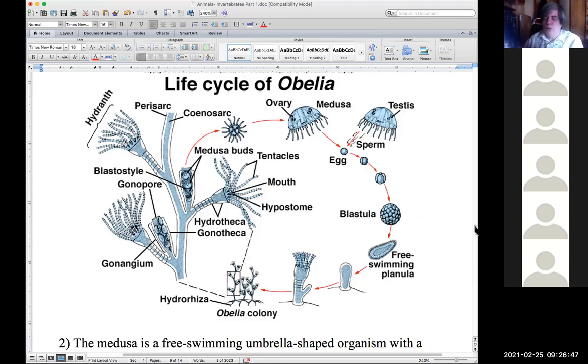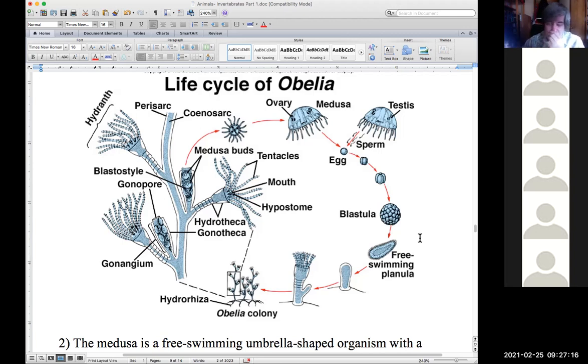So when we look at the various groups of cnidarians, in some of them, the medusa stage of the life cycle is dominant. And when we say dominant, keep in mind, all we mean is, if you look at this organism, it's probably going to be in that stage of the life cycle. Sometimes that stage of the life cycle is bigger, but it doesn't mean that that stage dominates the other stage in a physical sense.